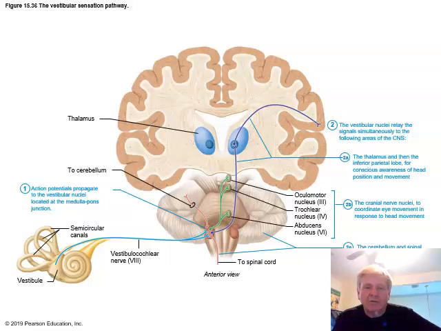So eventually, the vestibular nuclei relay the signal simultaneously to several areas of the central nervous system. One is the thalamus, and then the inferior parietal lobe for conscious awareness of head position and movement.